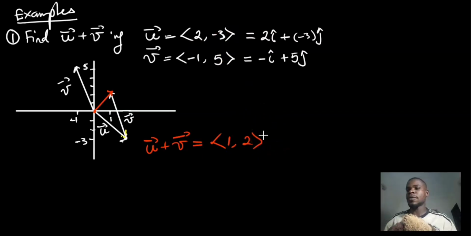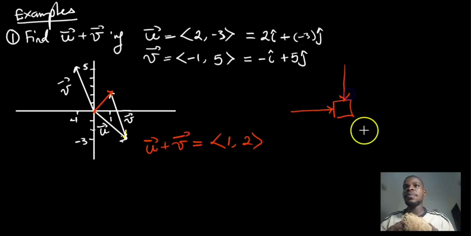It makes a lot of sense to think about because we can't simply add this to that. They are in different directions, just like having a force on a body. So if you apply a force on a body in a particular direction, and then you apply a force on a body in a different direction, we can't simply get the resultant force, because the resultant force will be in this direction.